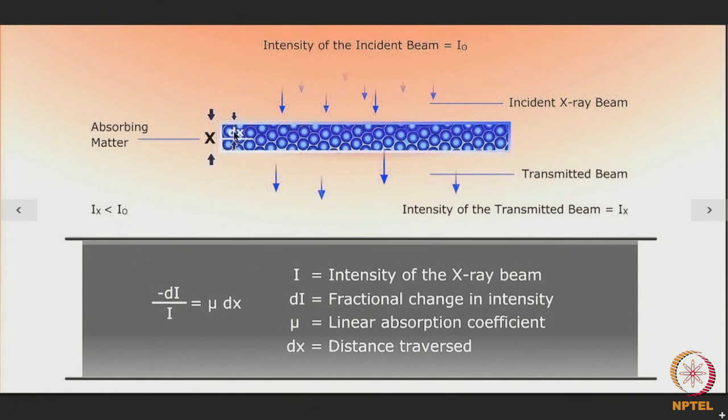So, if we take a very small thickness dx of the material, and consider the fractional change in intensity, then minus dI by I, the minus sign because intensity decreases, is proportional to dx. The proportionality constant is written as mu. So, we can write minus dI by I is equal to mu dx, where mu is known as the linear absorption coefficient of this material.